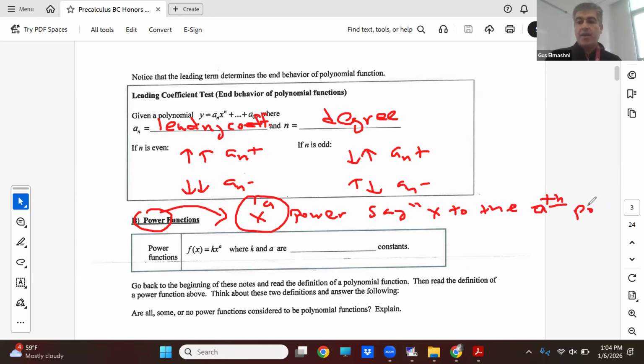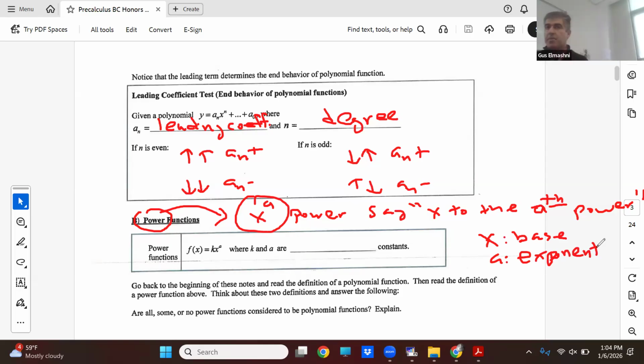If it was a 10, we'd say 10th power, or 20 to the 20th power. The x is the base and the a is the exponent. Let's make sure we're very clear on our language here. x is the base because it's on the bottom, and a is the exponent, higher up.